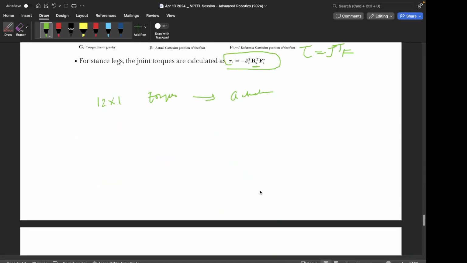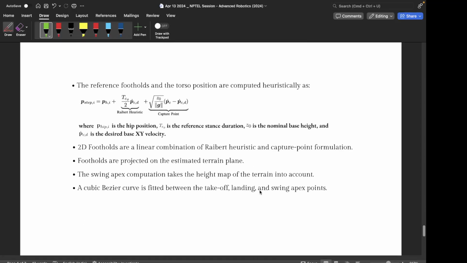Now what is there in the planner, right? As I mentioned, the planner decides where to step next, based on the commanded velocity of the robot. Here the next stepping location is the current location of the hip.